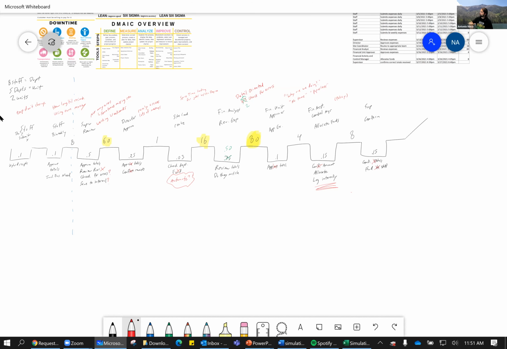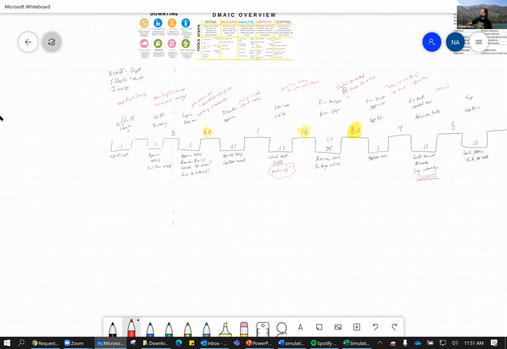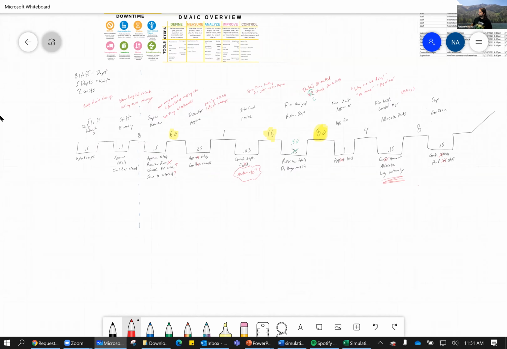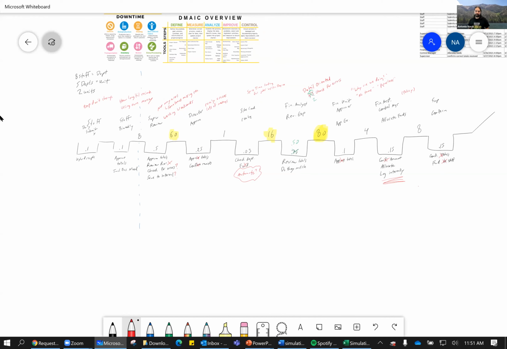So this was a quick waste walk here. In terms of potential improvements, what do we think we would want to recommend to our sponsor? What's going to have the largest impact, maybe the least amount of change resistance?